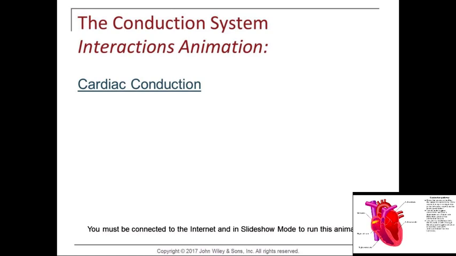As the action potentials move through the atria and reach the AV node, the atria contract, moving blood into the ventricles. Typically, the AV node is the only connection between the atria and the ventricles. As the wave of excitation passes the AV node, it proceeds to the AV bundle and bundle branches, the apex of the ventricular myocardium.